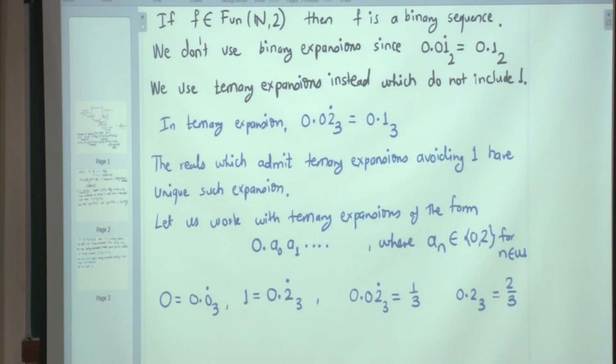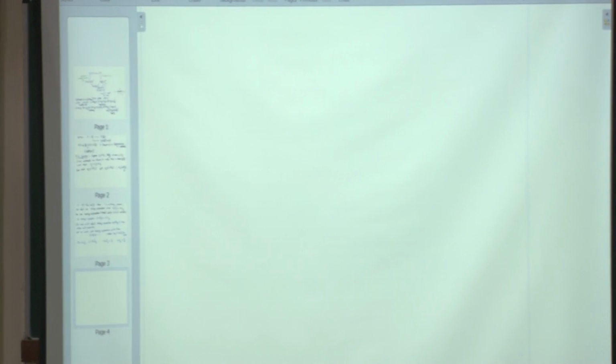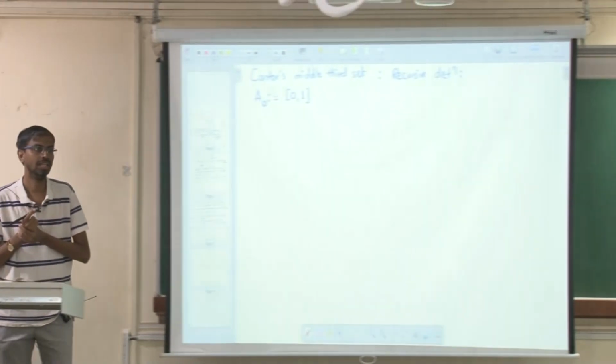So now this is telling us that 3 is important, and we are going to construct Cantor's middle third set. This is a recursive definition. Start with A0 equal to the interval [0,1].